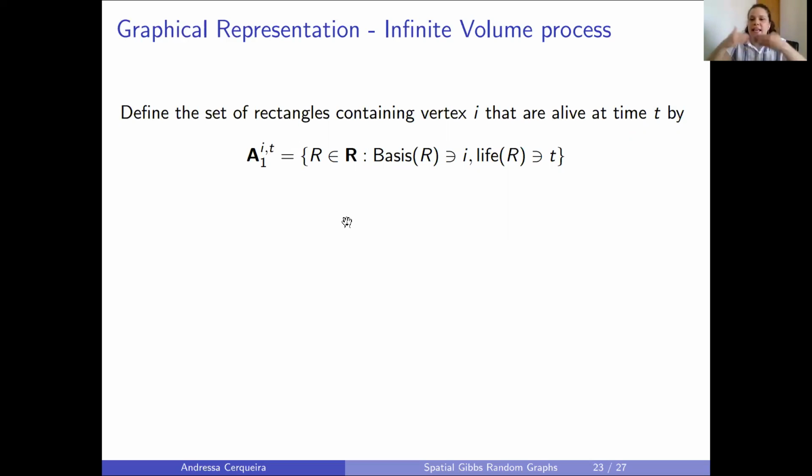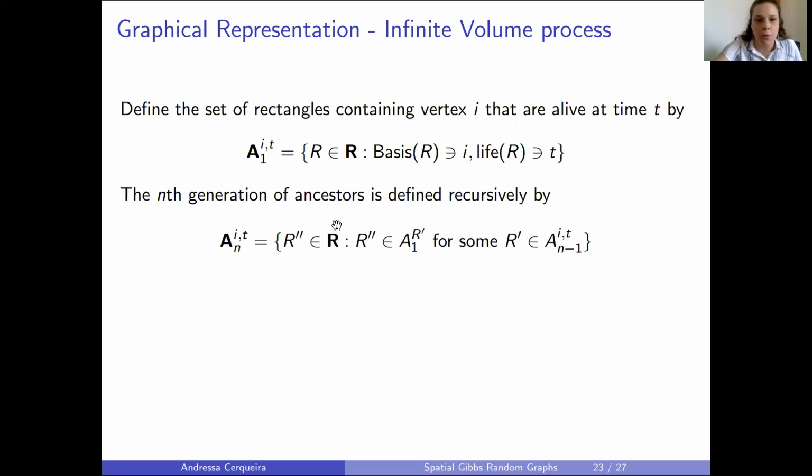To define the second generation, I just define the first generation for all rectangles that are in the set. To define the third generation, I define the first generation of all rectangles that belong to the second generation. And then I'm just going back, defining all the ancestors that I have for this rectangle.